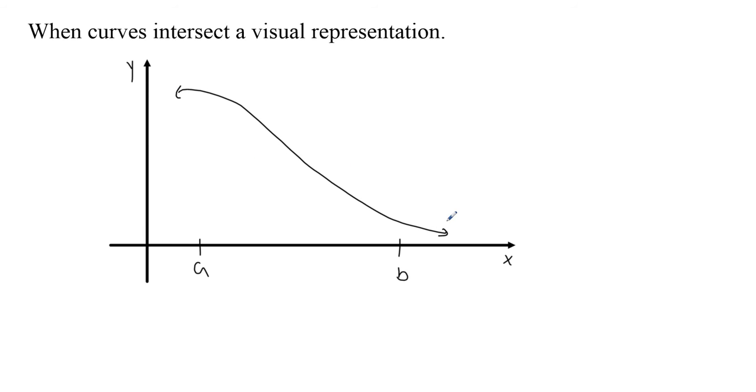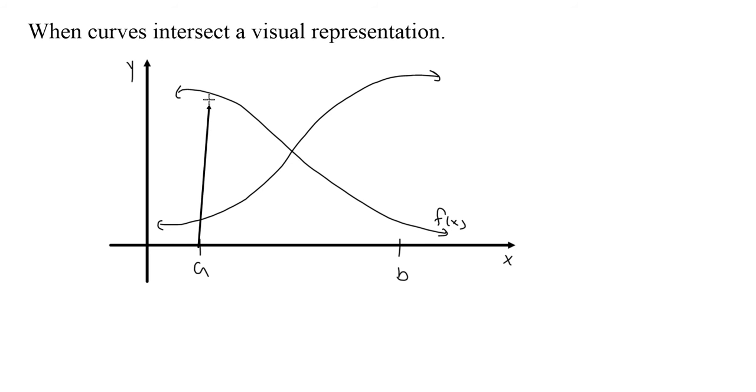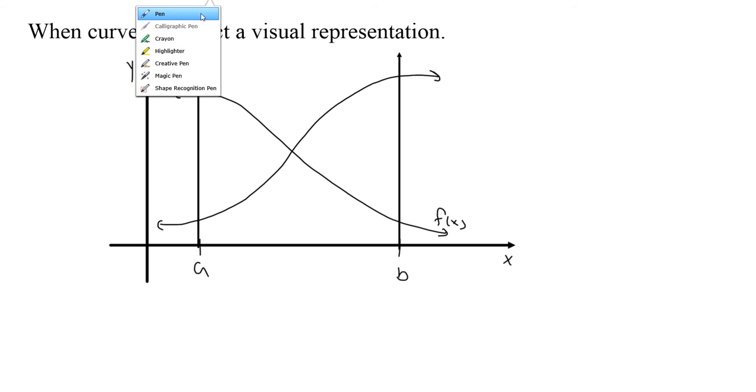Let's say this is my f of x function. And then let's say g of x does this. All right. Well, the area between these two curves on this closed interval has to be, again, let's make our vertical lines here, this region right here.